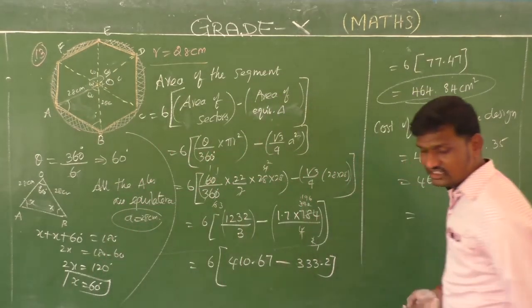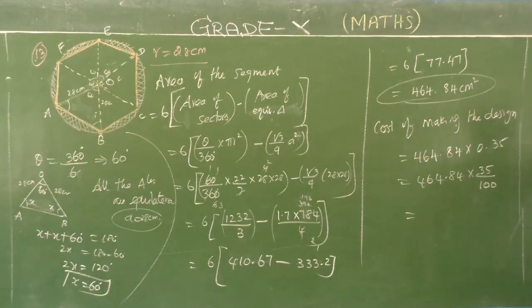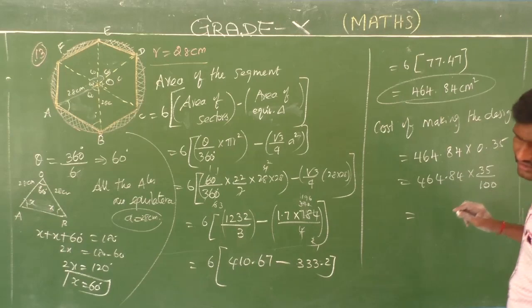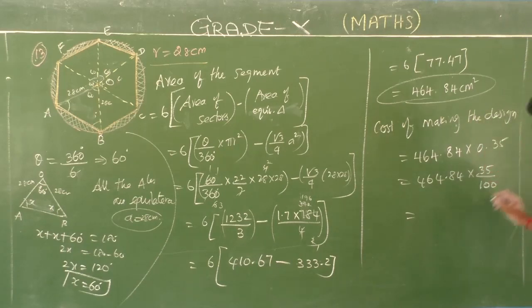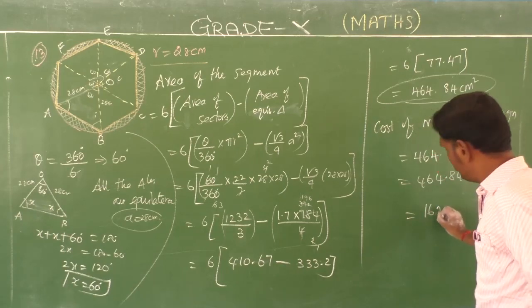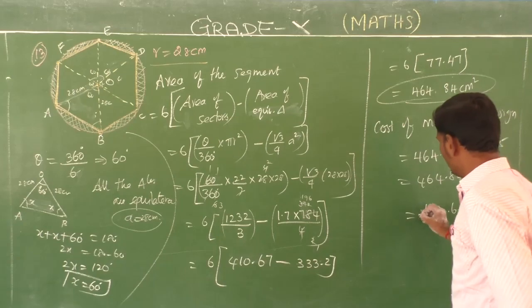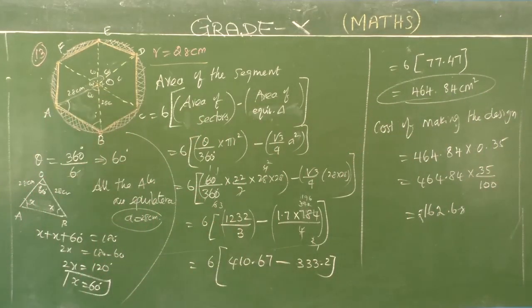Simplify, multiply these two to get the final answer: 162.68 rupees. So simplify like that and get the answer.